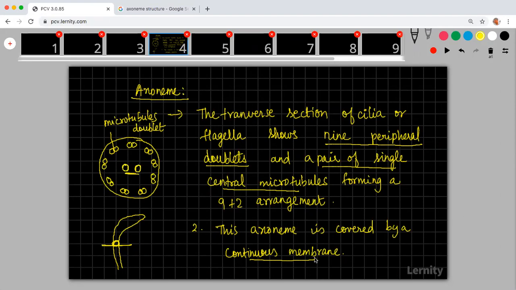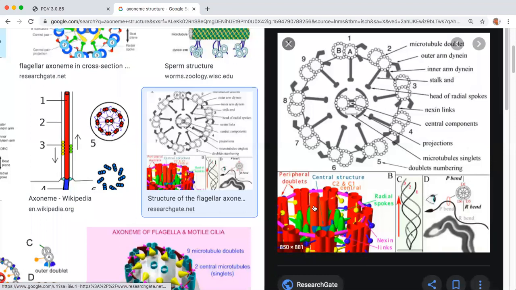Okay. It is basically the axoneme that I am trying to show here. So the axoneme is the central part of the cilia.